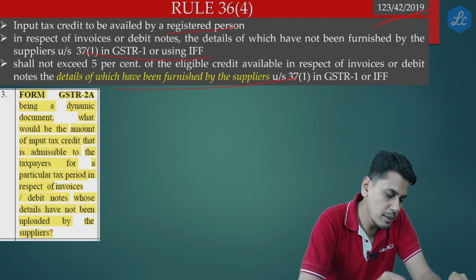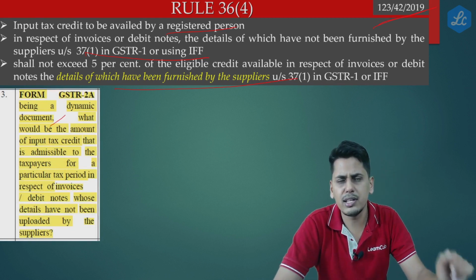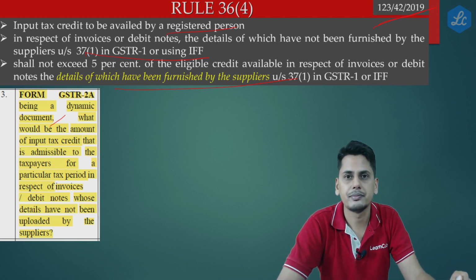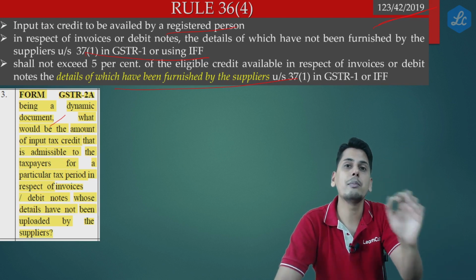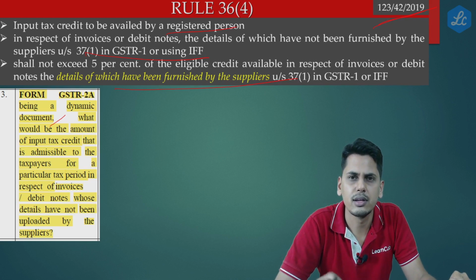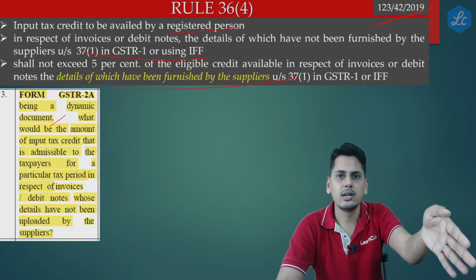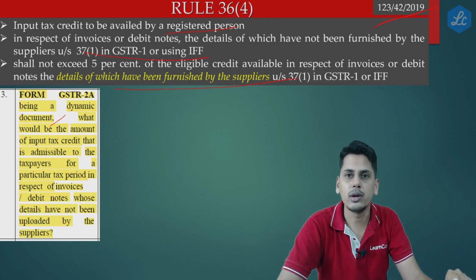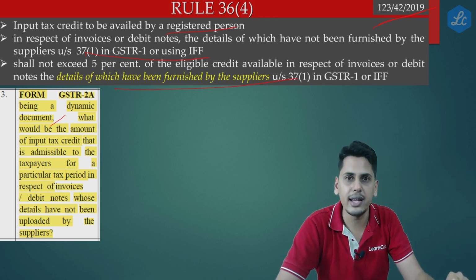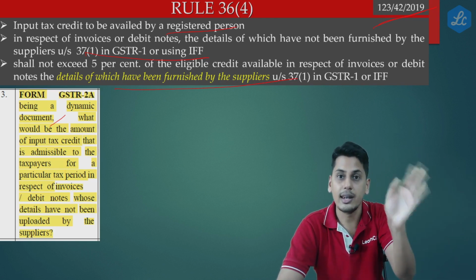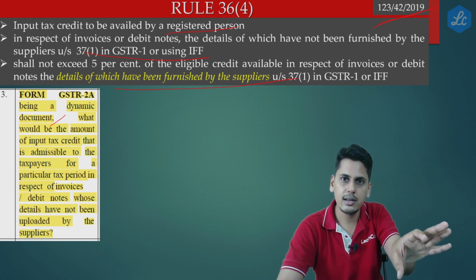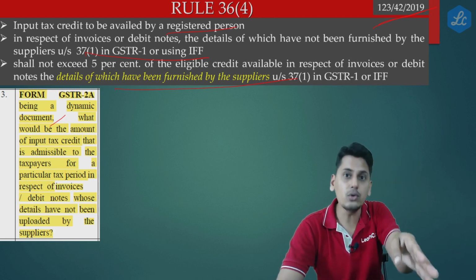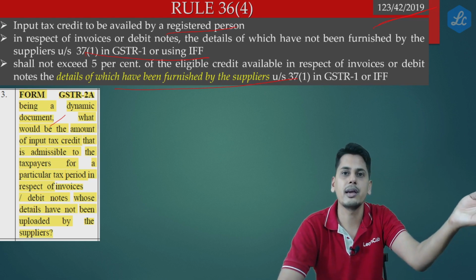Form GSTR-2A being a dynamic document. Friends, what is meant by dynamic document? It would keep on updating on a daily basis. Let's suppose for the tax period August, today a person is filing his GSTR-1, it will get updated today. Let's suppose tomorrow he files for the tax period August an invoice pertaining to August, the details of which are going to be included in the GSTR-1 of August by my supplier.